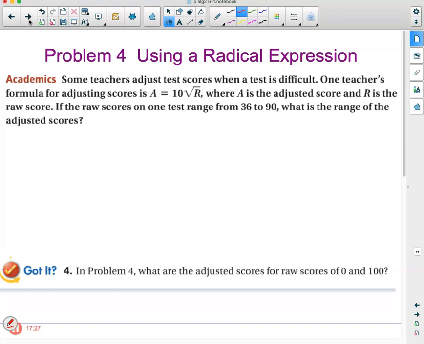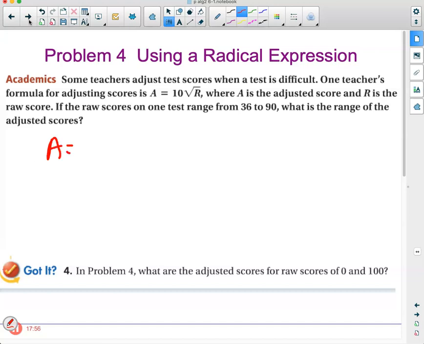Academics. Some teachers adjust test scores when a test is difficult. One teacher's formula for adjusting scores is A equals 10 square roots of R, where A is the adjusted score, so the one they actually put in the grade book, and R is the raw score, the one that's on the paper when the teacher first graded it. If the raw scores on one test range from 36 to 90, what's the range of the adjusted scores?